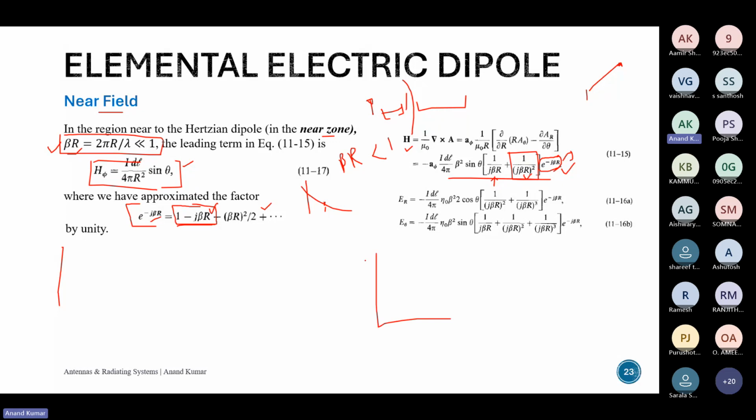Maybe if we plot this, e power some term looks like this. E power negative power would be something which is decreasing, and at some point its magnitude will start diminishing. So based on that, we have done this.